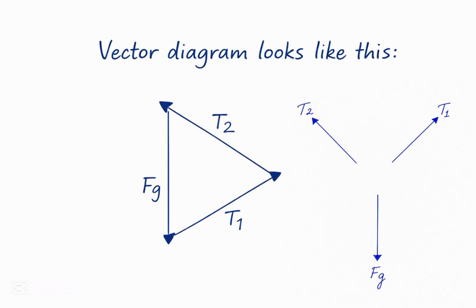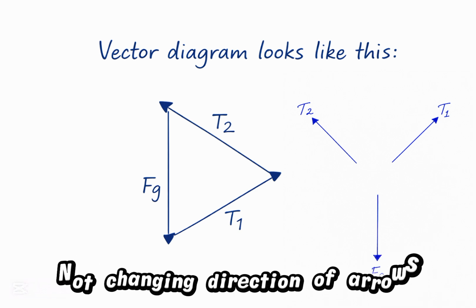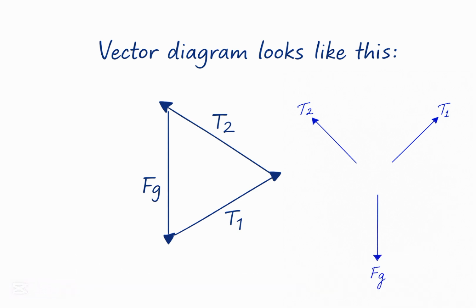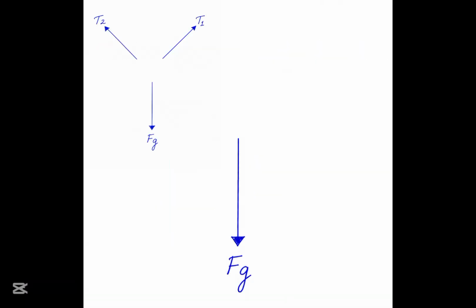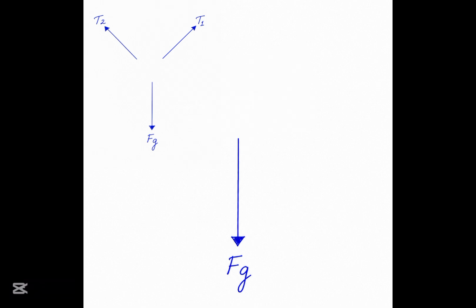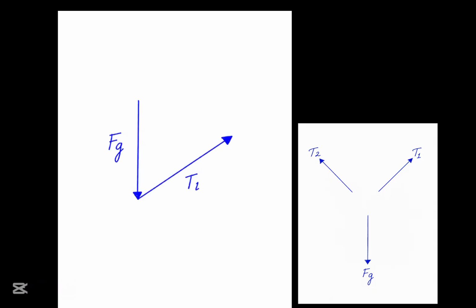With T2, T1, Fg, try to connect them, not changing the direction of the arrows. Try to form a triangle. Let's start with Fg. Fg is going down, so you're going to draw it going down. And then you can take T2. T2 is going to the right, so you can put it here. We are trying to form a triangle, don't forget.